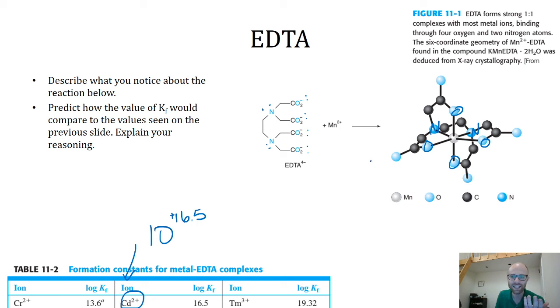So EDTA is this hulking large molecule, but it's structurally built to have these Lewis base lone pair electrons spaced 2 atoms apart. And I've noticed this. If you look really closely, there are pentagons between each of the sites.